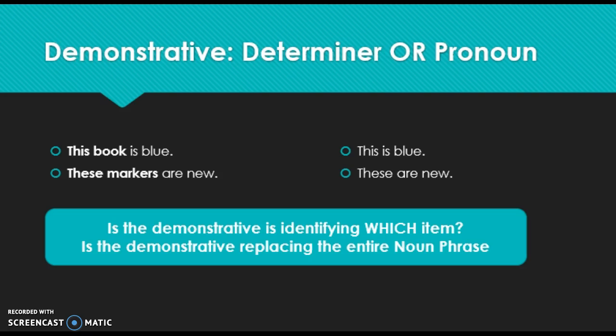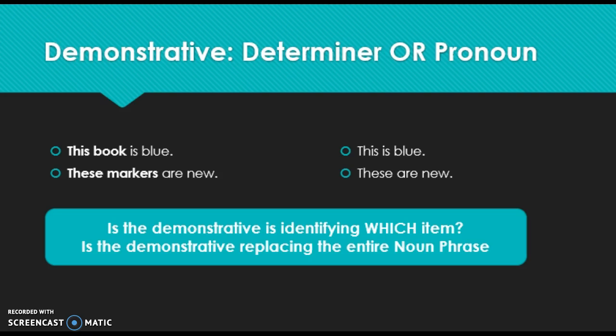We could say these markers are new, or we could say these are new. So in the sentences on the left, the demonstrative is helping to identify which item, and they're being used as determiners. And on the right, the demonstrative is replacing the entire noun phrase, right?